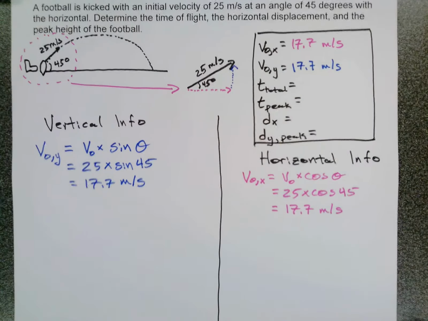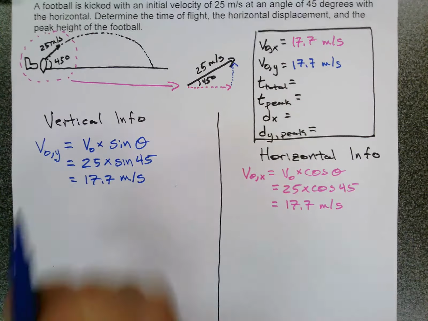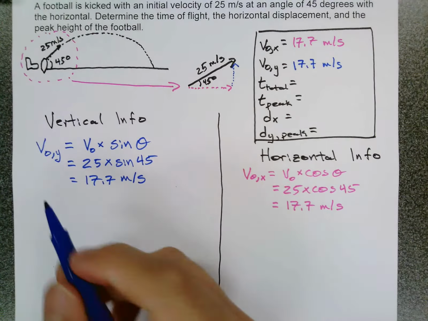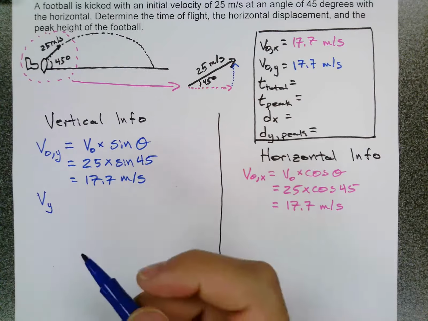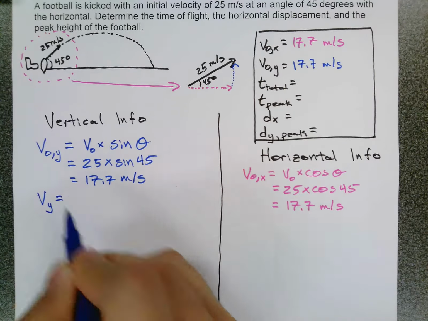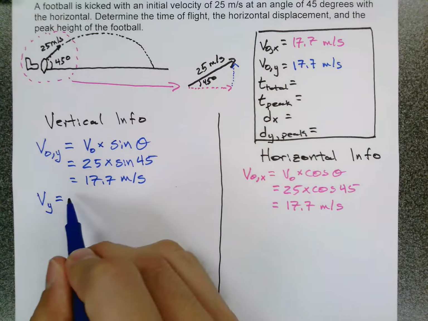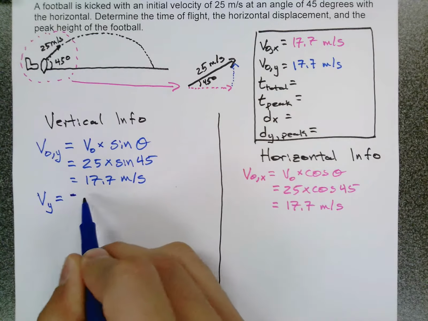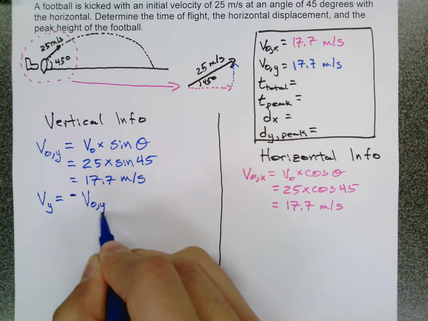One other thing that would be useful to find, but we actually don't have it in our box, is, if we know the initial velocity, what about our final velocity in the y direction? Our final velocity in the y direction is actually the negative of the initial velocity in the y direction.